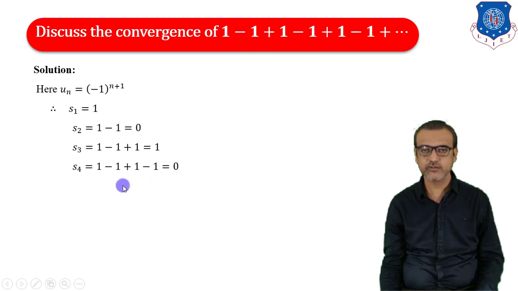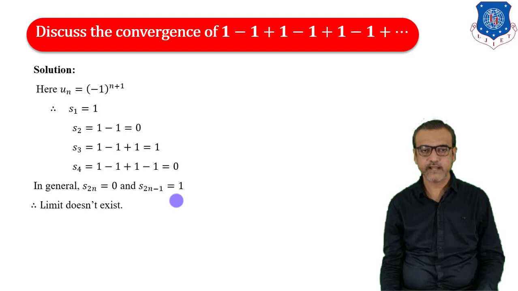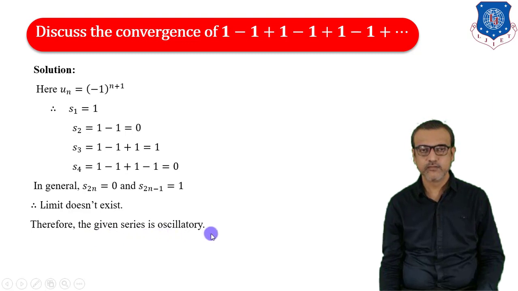S4 is addition of first four terms, so we have 1 minus 1 plus 1 minus 1 that is again 0. In general we are getting S2n equals to 0 and S2n minus 1 equals to 1. So we can say that the limit does not exist. Therefore the given series is oscillatory.